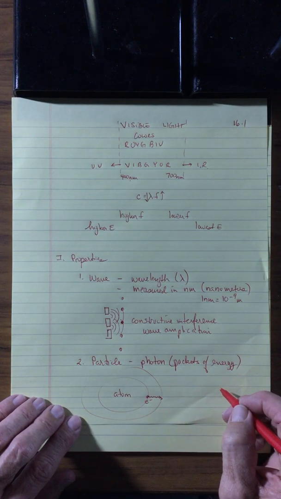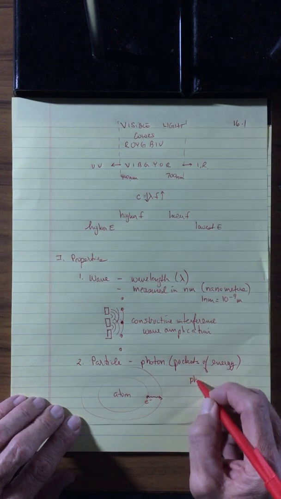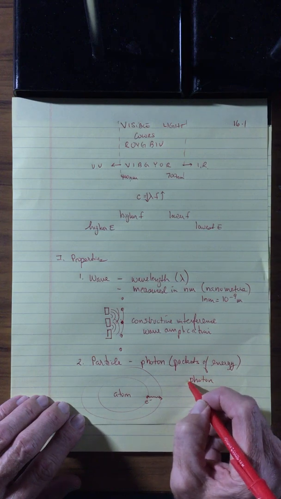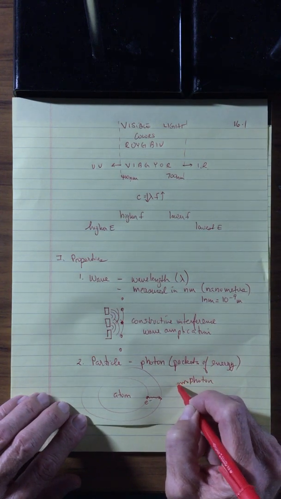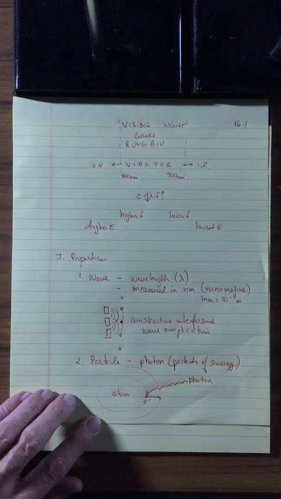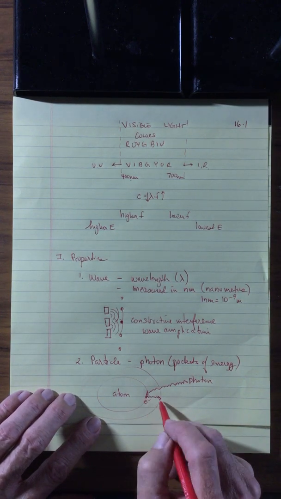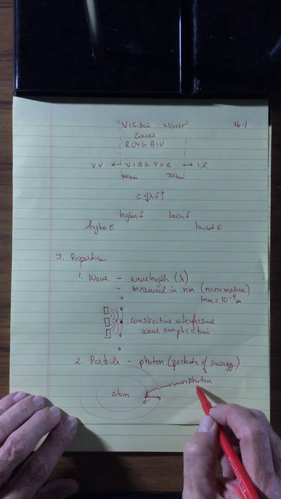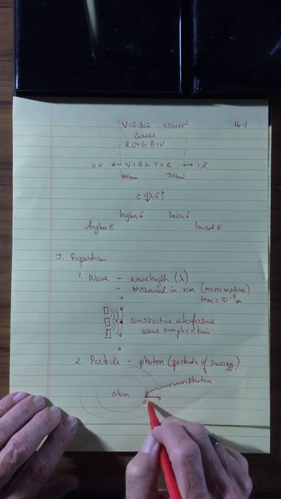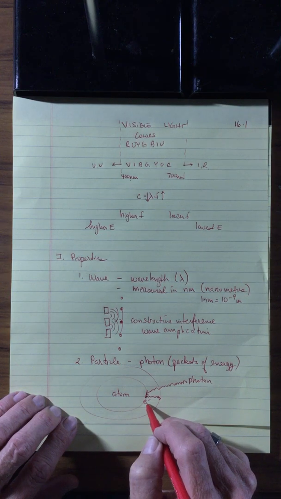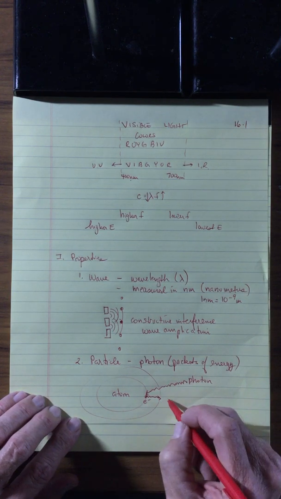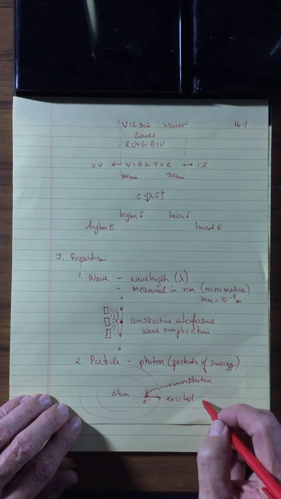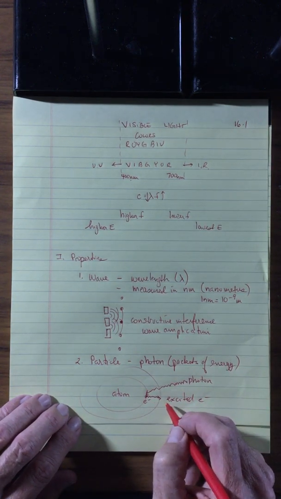And we can do this with a photon of energy. This photon or particle of light can go into an atom and cause the electron to jump up to the higher state. So if you remember, the photon is a packet of energy. So what we're doing is we're supplying this electron with energy. So the electron gets excited. So we have this excited electron, which jumps up to the higher state.